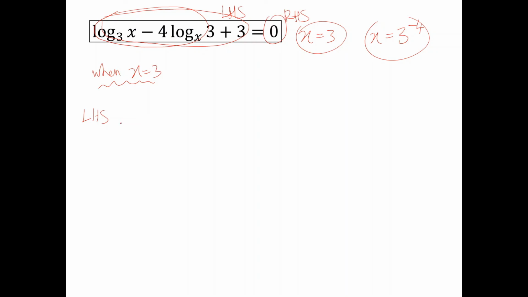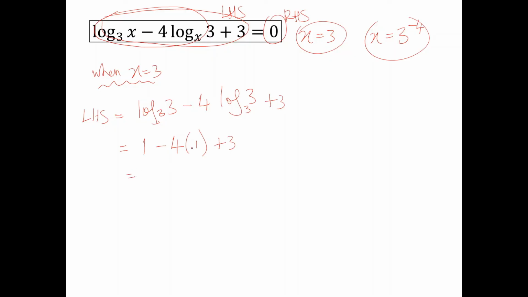Okay, so when x equal to 3, our left hand side equal to log 3 base 3 minus 4 log 3 base 3 plus 3. So this one will be 1 minus 4 times 1 plus 3.